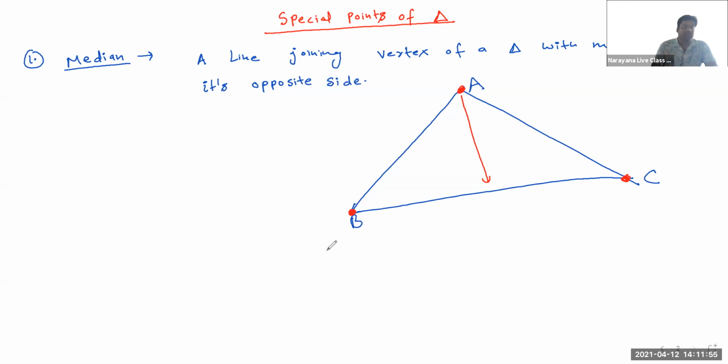So the definition of a median is a line joining a vertex of a triangle with the midpoint of its opposite side.